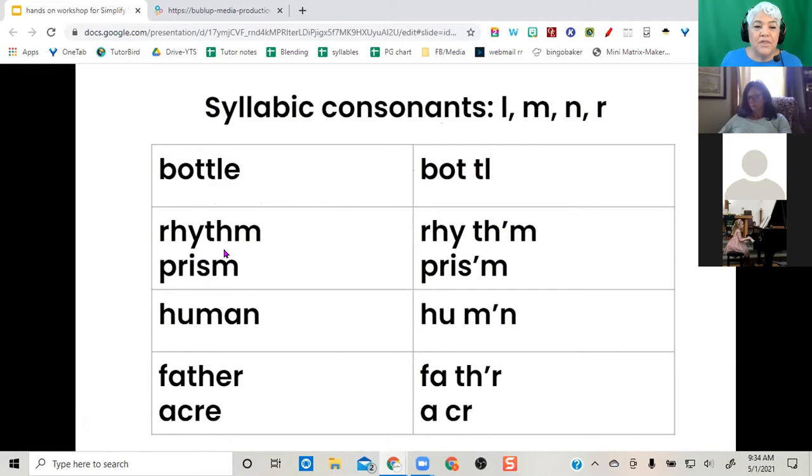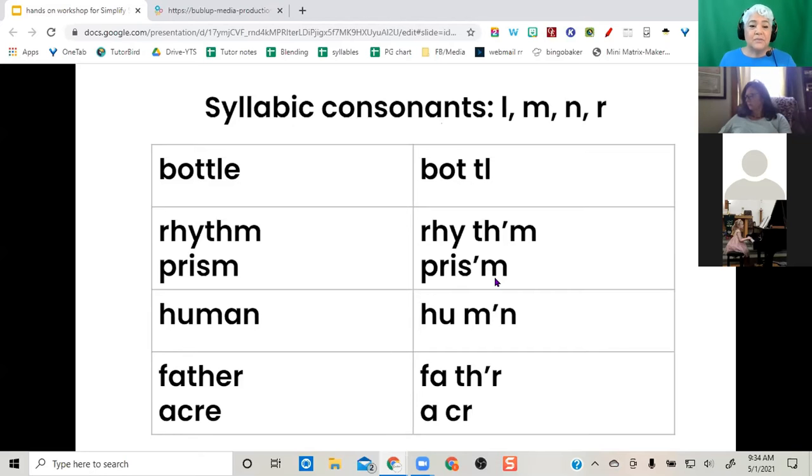When I say rhythm, this is a syllable without a vowel, right? Because the M is being syllabic. Or prism. M can be syllabic without a vowel. L can be syllabic without a vowel.